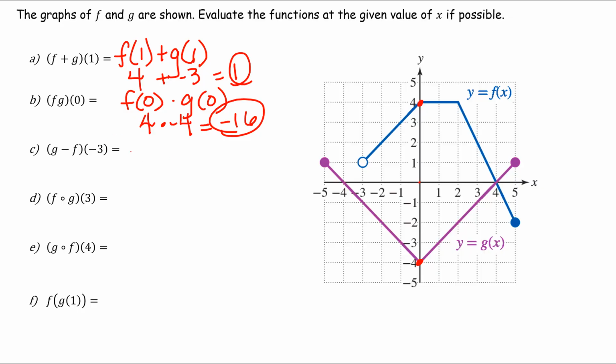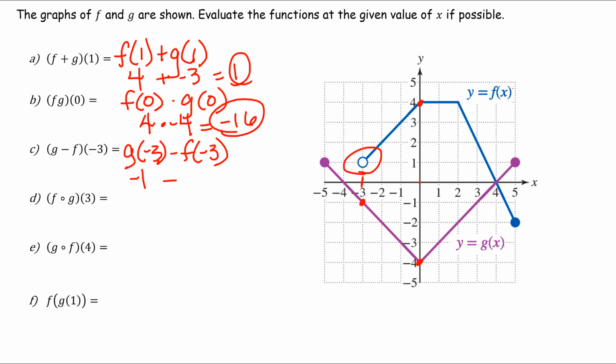G minus f of negative 3 is g of negative 3 minus f of negative 3. G of negative 3, here's negative 3 on the x-axis, that's what we're looking at. The g function, when x is negative 3, has a value of negative 1. And then we're going to subtract f of negative 3, and you've probably already noticed that the function f doesn't have a value at negative 3.